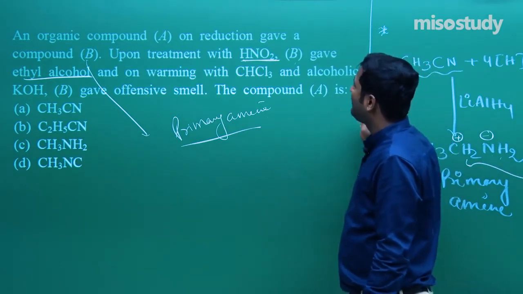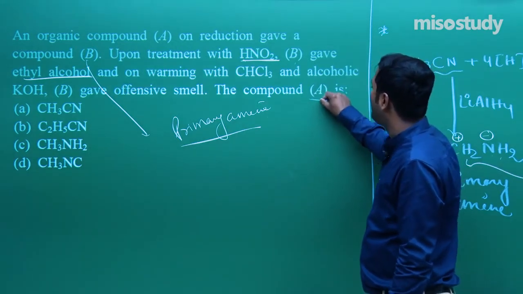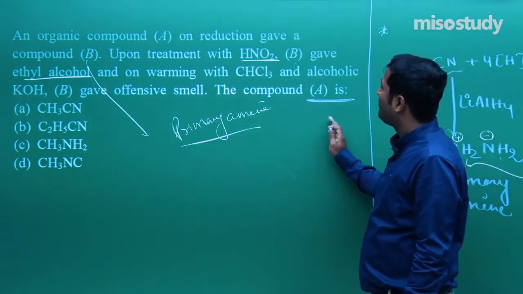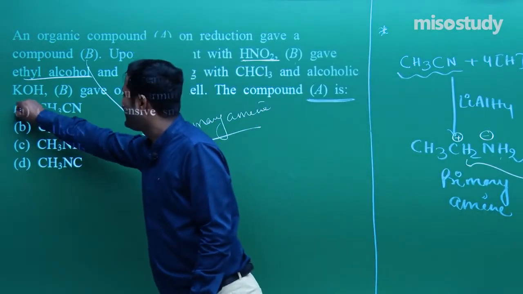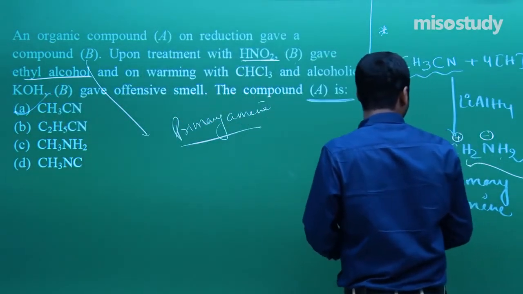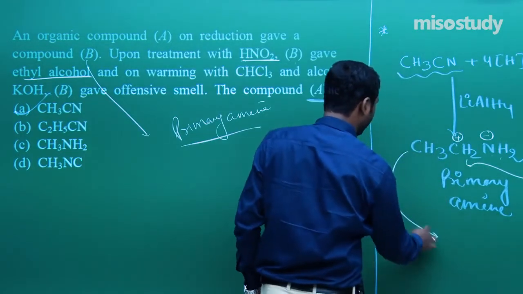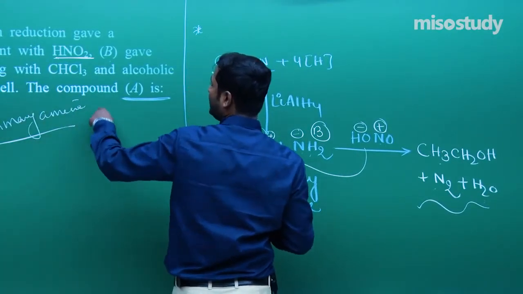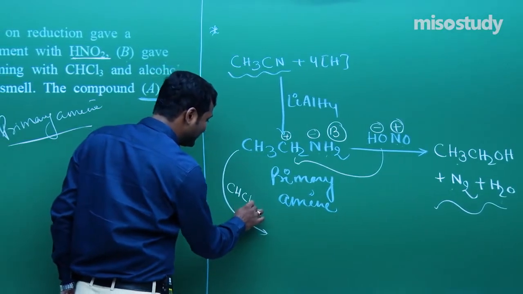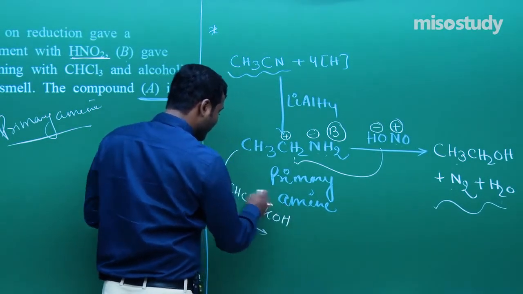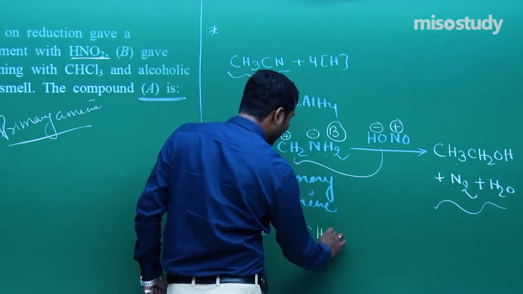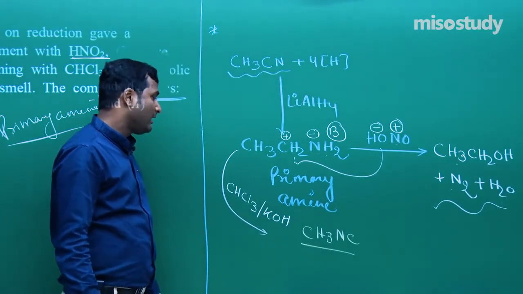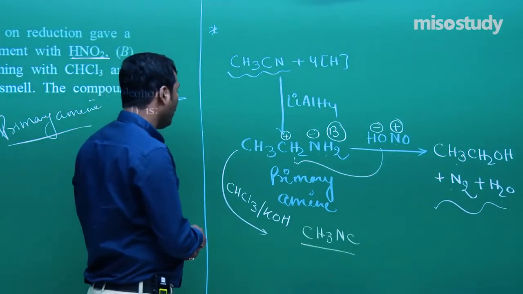So we can say compound A is CH3CN, because this is B, and B gives an offensive smell with CHCl3 and alcoholic KOH. It gives isocyanide, CH3NC, plus 3KCl plus 3H2O. Wait for a moment.